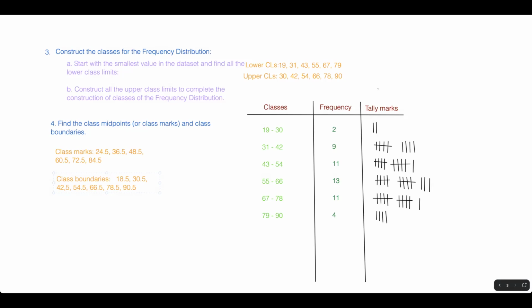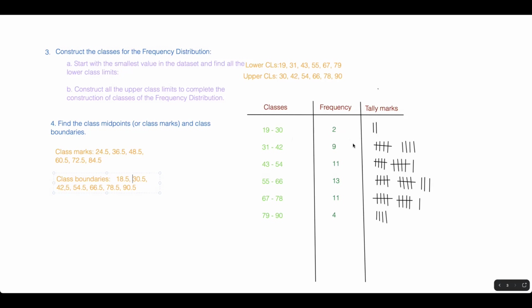But if you are given a frequency distribution where we only have the classes in the form of ranges and their corresponding frequencies, then we don't have the information of what the actual values of these observations are, right? If for a range of values between 19 and 30 you have a frequency of 2, we don't know what those two values are.